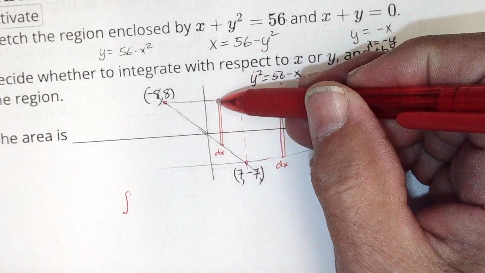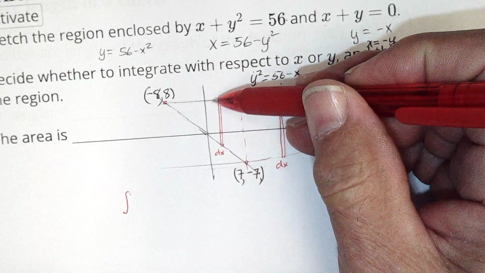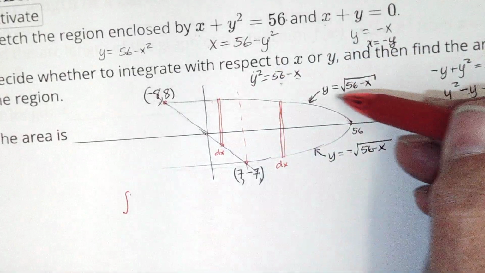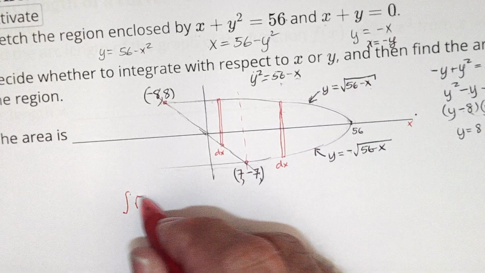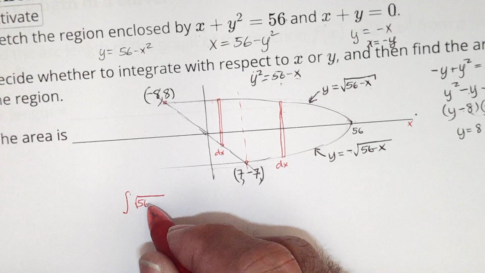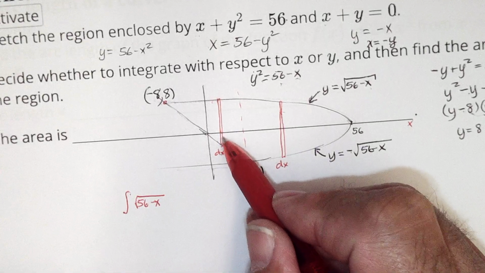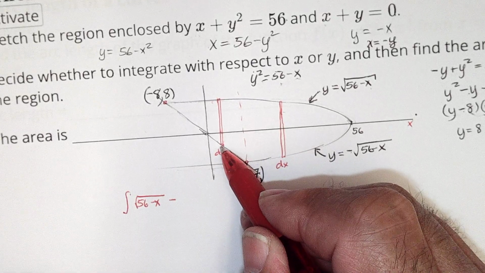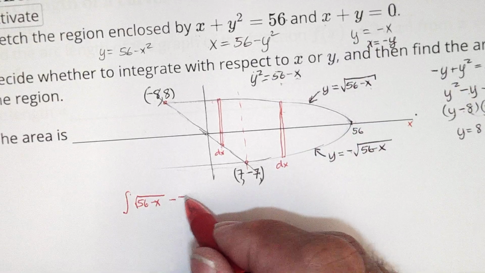So I need to know I have the width of this, but I need to know the height, this height, the y value: the square root of 56 minus x, minus this height, and that is the y value, which is negative x.